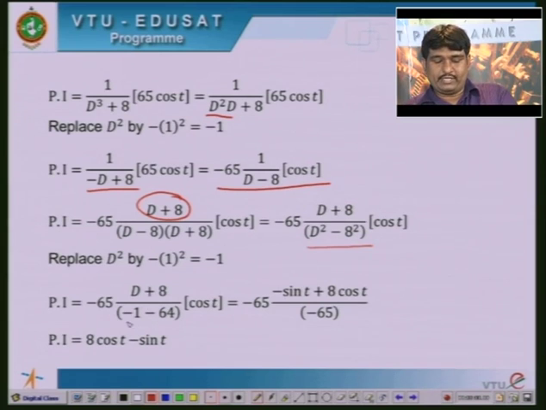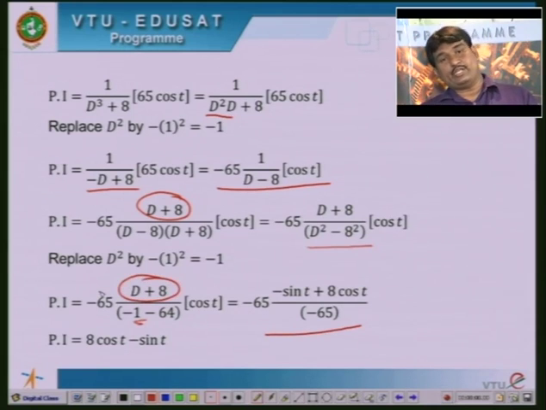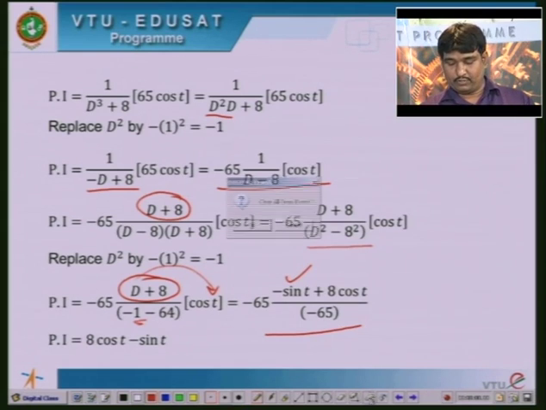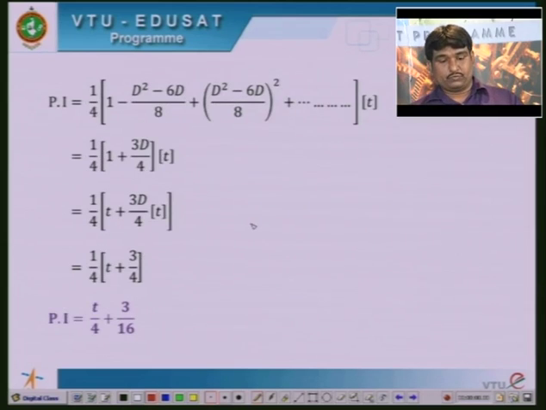Now you replace D square by minus 1, minus 1 minus 64 which is minus 65, and operate this D plus 8 on cos t. The derivative of cos t is minus sin t, and then 8 into cos t. The minus 65 cancels, so pi is 8 cos t minus sin t.